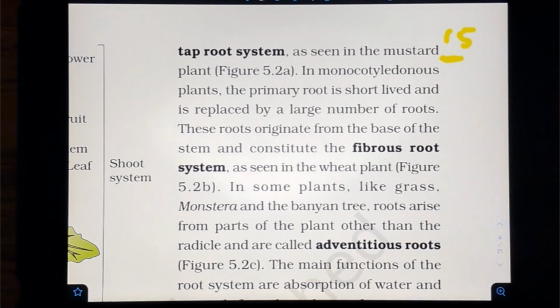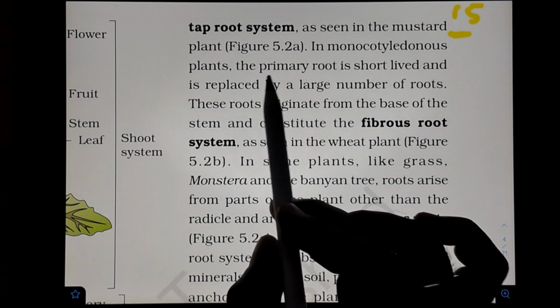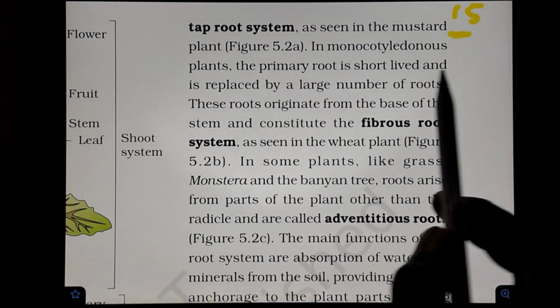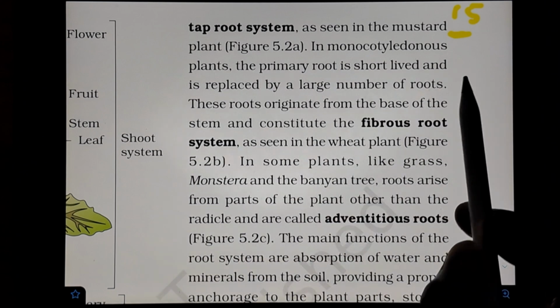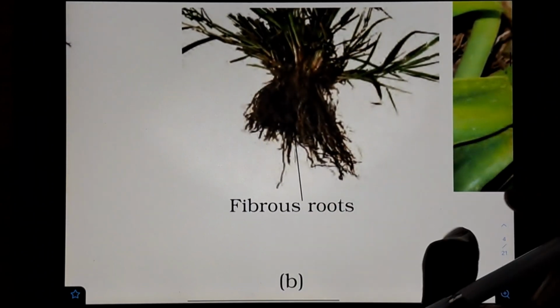Now, in monocotyledonous plants, the primary root is short-lived and replaced by a large number of roots. This is the fibrous root.